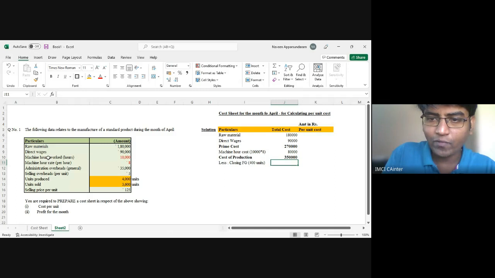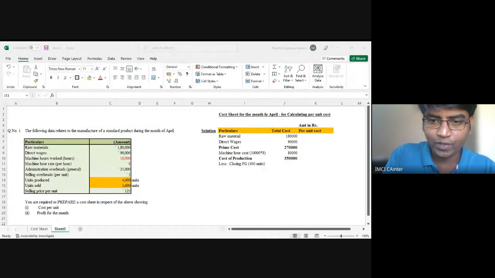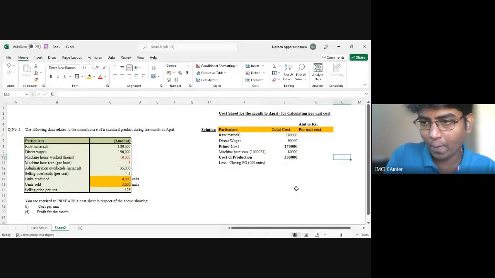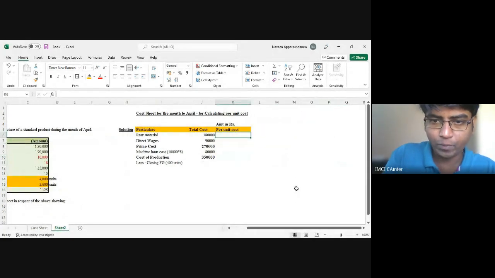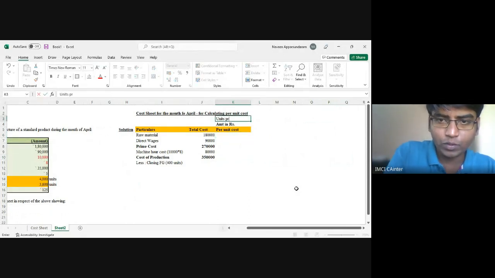How do I arrive at the value of 400 units here? Let me check the per unit cost. Total produced, how many units produced? Units produced is your 4000 units.